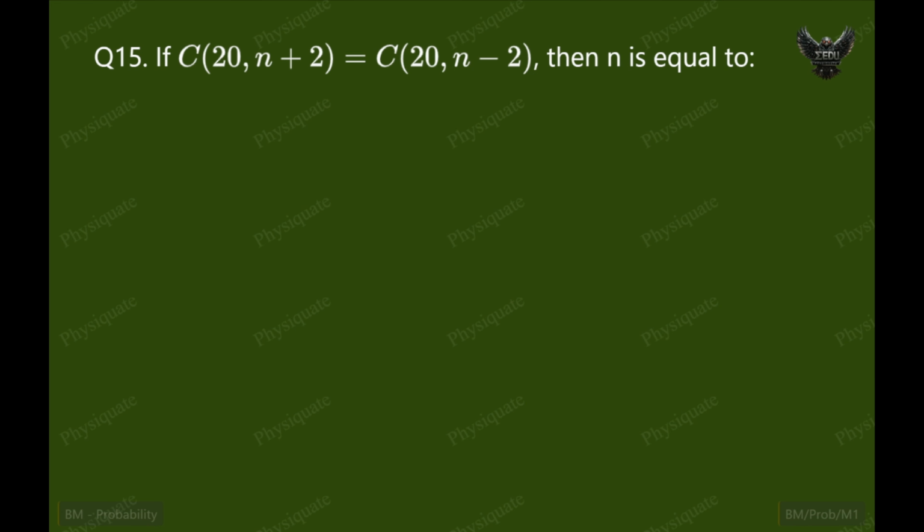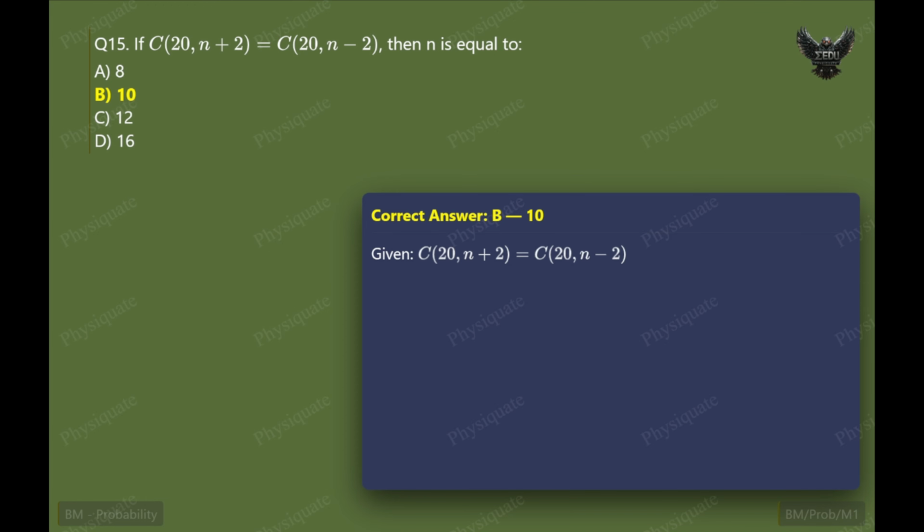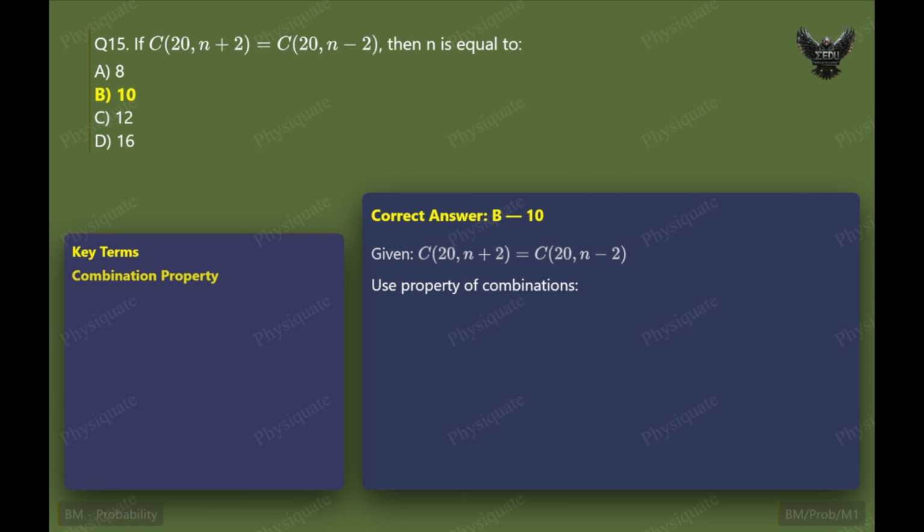Question 15. If C(20,n+2) equals C(20,n-2), then n is equal to. Correct answer is option. Given C(20,n+2) equals C(20,n-2). Use property of combinations. Now let us consider combination property.